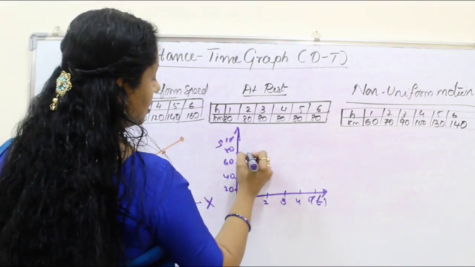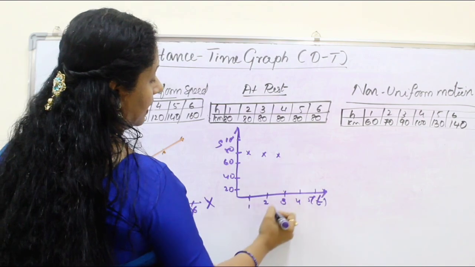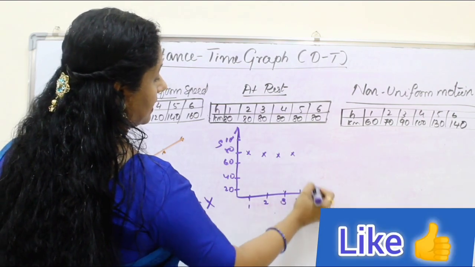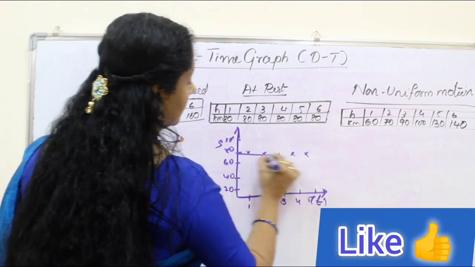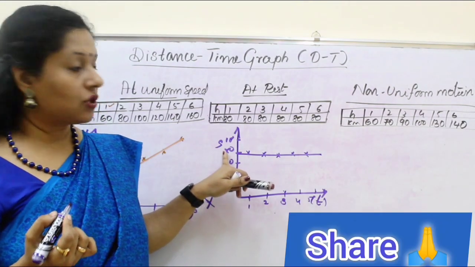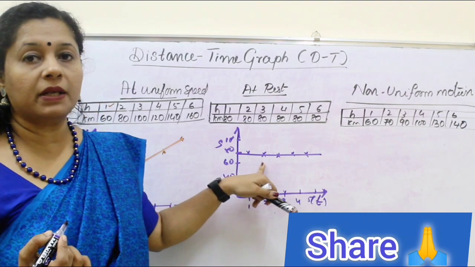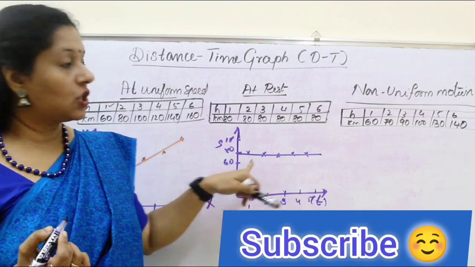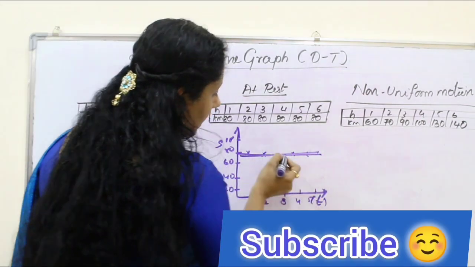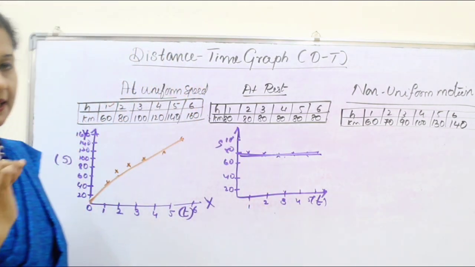So first position 80, second hour also 80, third hour also 80, fourth hour also 80, fifth hour also 80. So the distance is only 80 kilometers. First hour it is at 80 kilometers, second hour also it is at 80 kilometers. So is it moving? No. If it is a straight line parallel to the x-axis, then we can say that it is at rest.